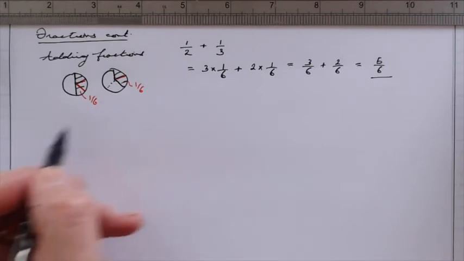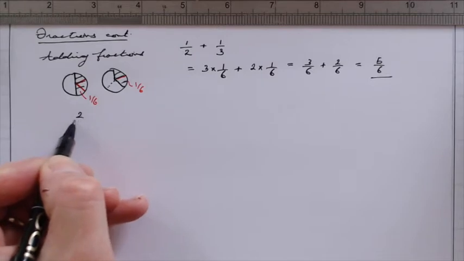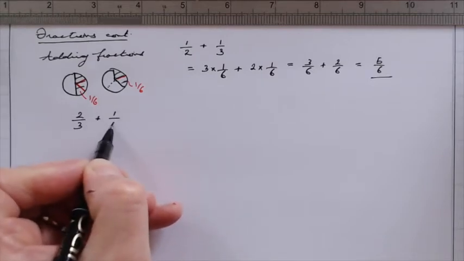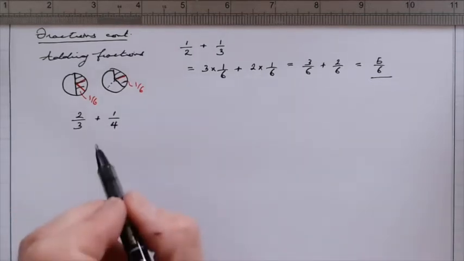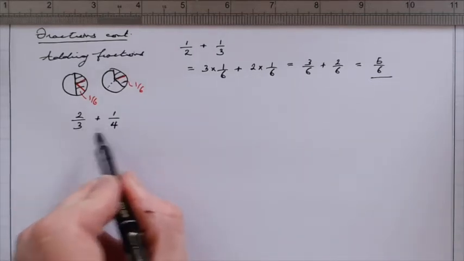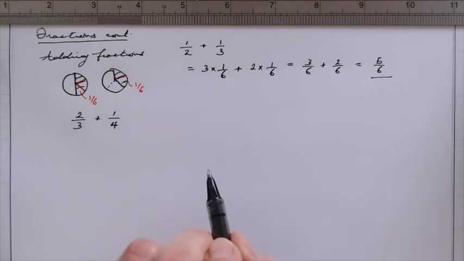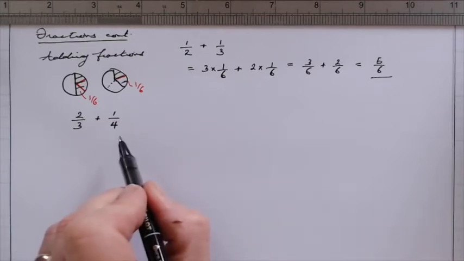Let's imagine that we need to add 2/3 and 1/4. Now what I need to do is to rewrite both of these fractions in terms of a common unit, a common denominator. And I can tell you the answer ahead of time. It's going to be a 12th.